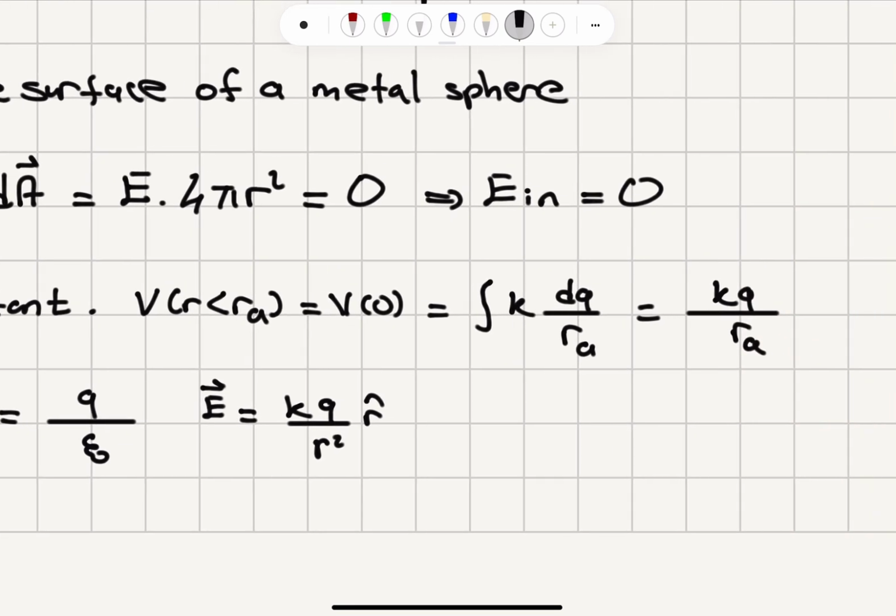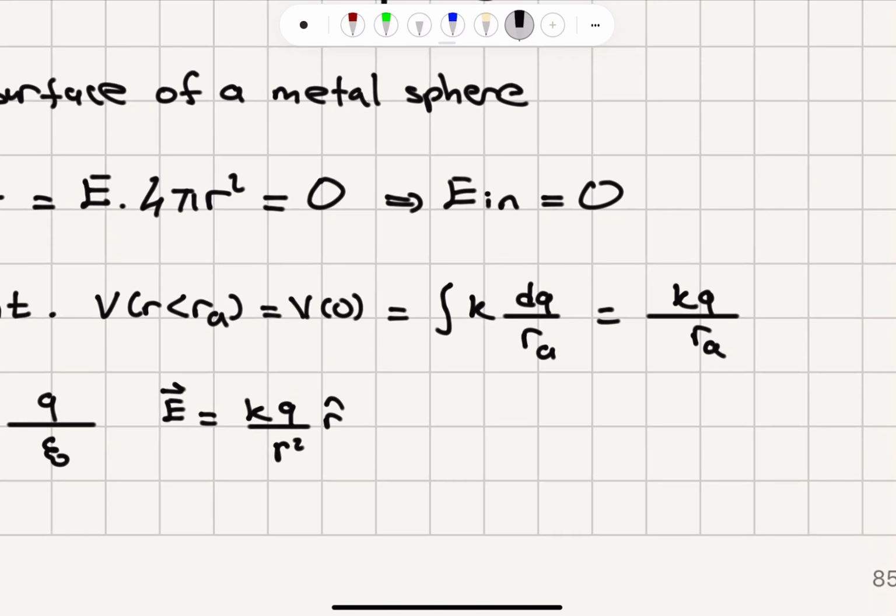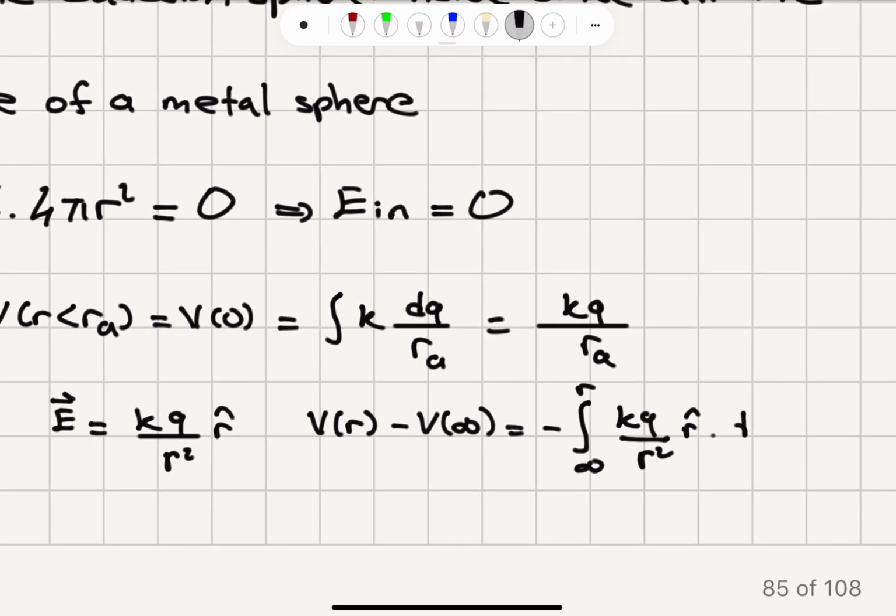And the corresponding potential will be the potential at r with respect to infinity, minus the potential at infinity, is minus the integral going from infinity to r of kq over r squared r hat dot dr r hat.